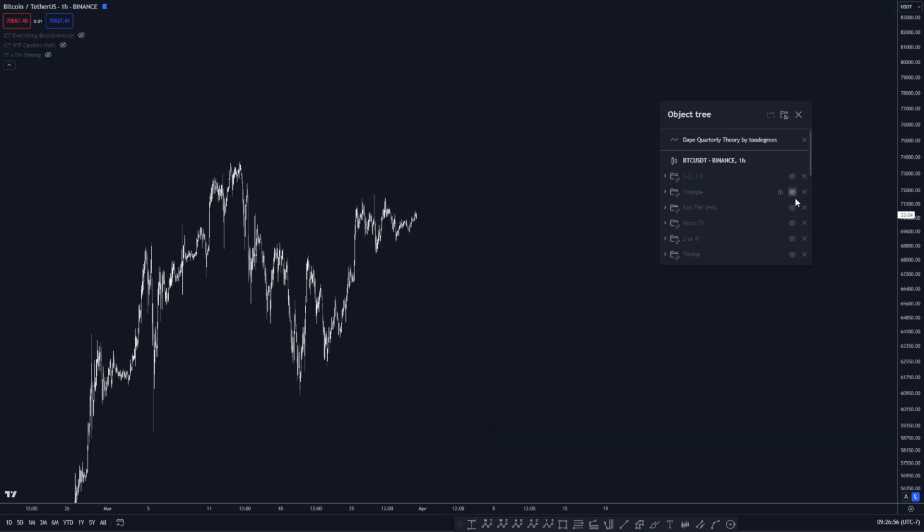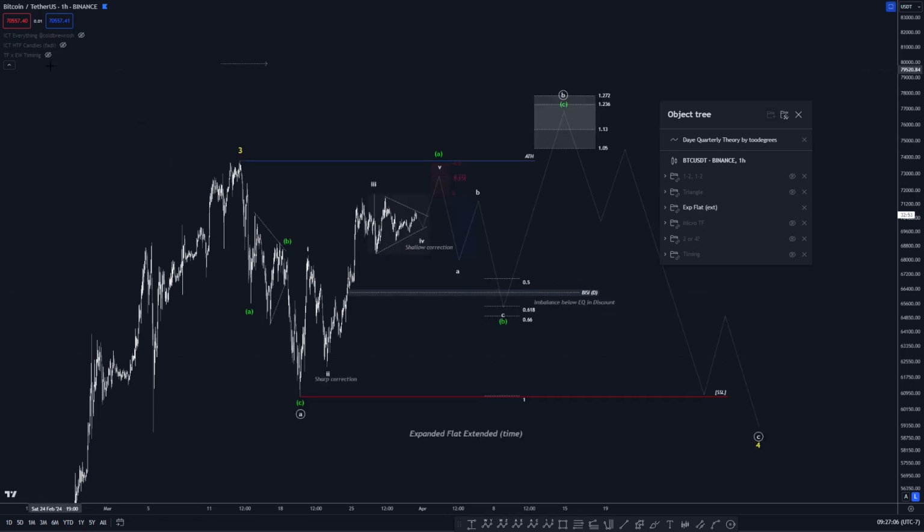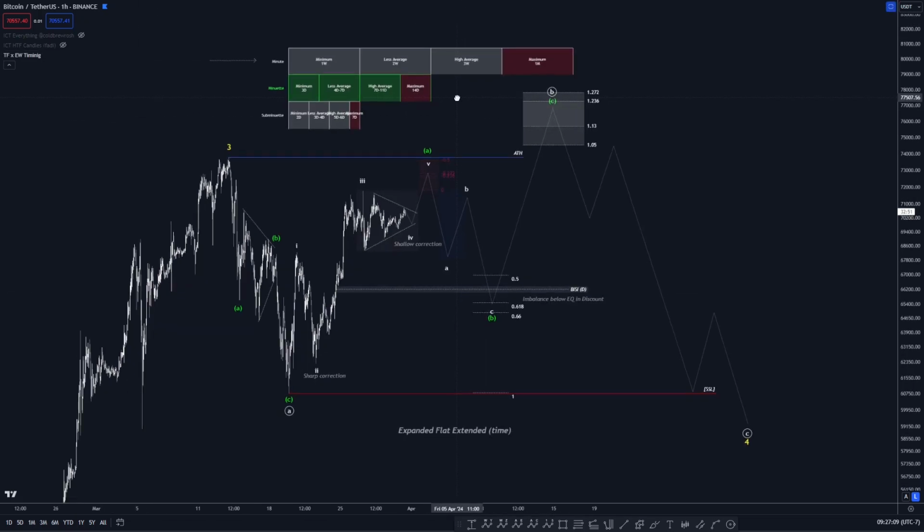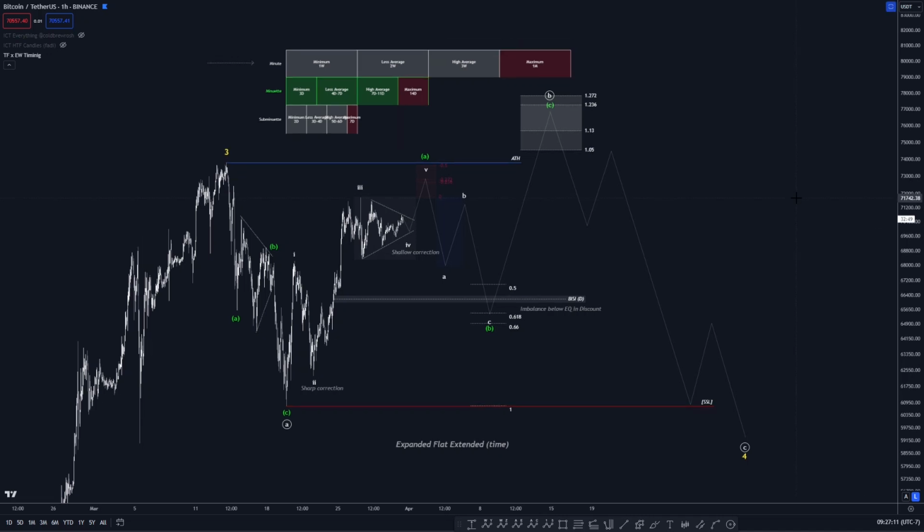On top of that, instead of this being an impulse for a 1, it could be an impulse for an A. Now, this actually was the only pattern that I was really not expecting. I was not expecting any type of expanded flat.